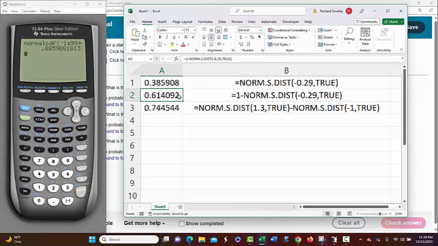Less than or greater than 0 is going to be the exact same number. Yeah, you see that's 0.5. So if you take 0.5, that's the right half of the entire graph. So 0.5 added to 0.3859 will be 0.8859.